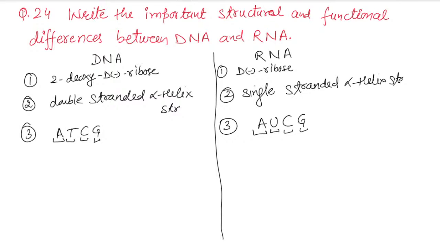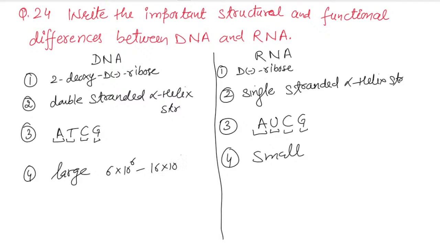DNA molecules are large and RNA molecules are much smaller. Their molecular mass is 6 into 10 power 6 to 16 into 10 power 6 for DNA, but in RNA it is 20,000 to 40,000 only.